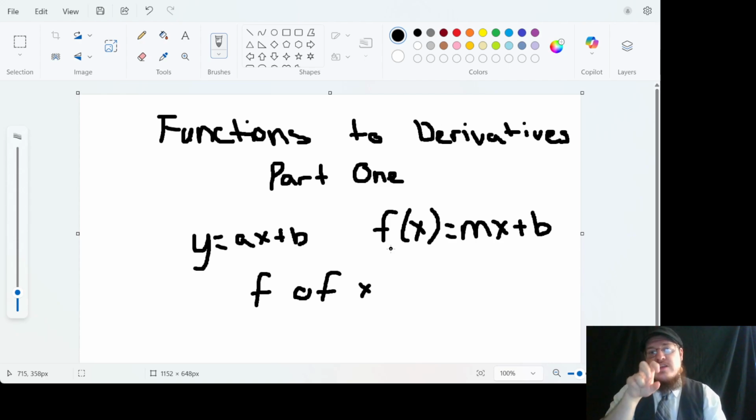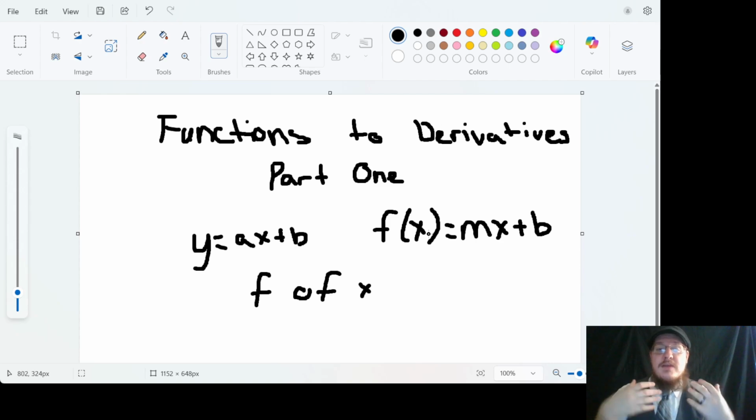You take x inside that table, and then you're going to plug it into this function, okay? Then, once you plug that in, you solve the equation, solve the function here, and you get the f of x, which is going to be the next value, okay? It's going to be the value we get for that function when you plug x in, okay?